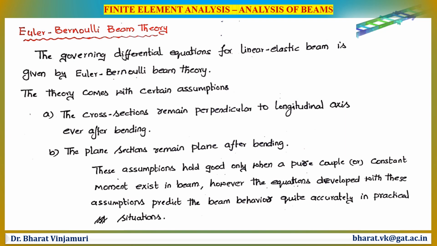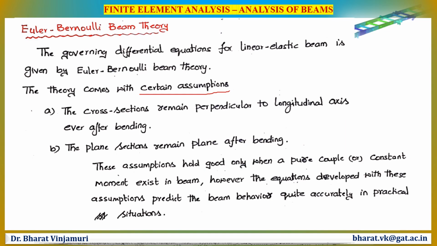But still, the governing equation obtained by this theory was very much successful in predicting the behavior of beams accurately in many practical situations. So, even though this theory comes with many assumptions, it was successfully employed in predicting the behavior of the beams. Let us see this theory.